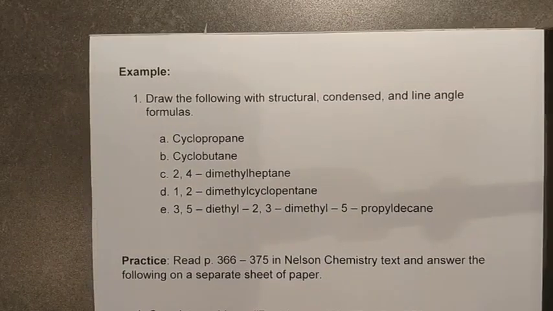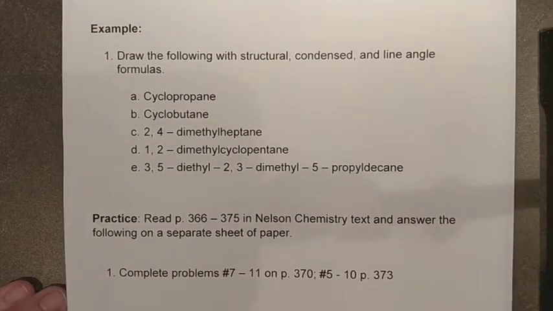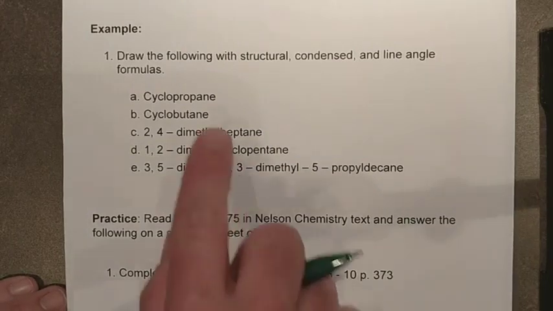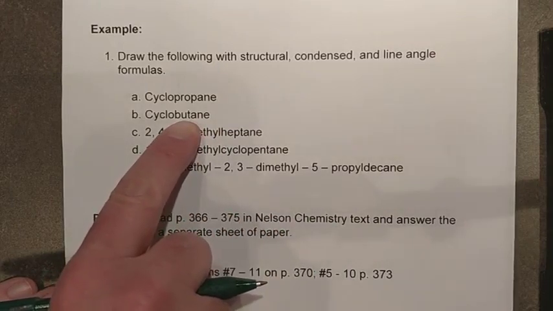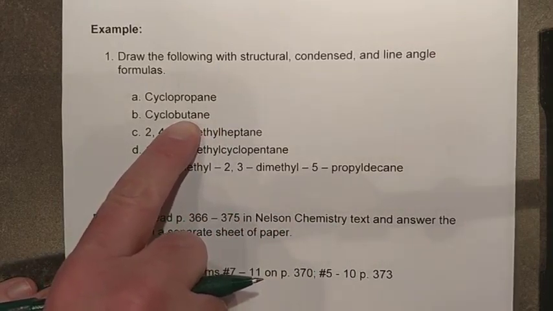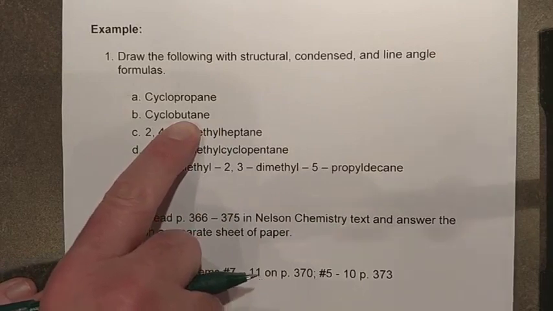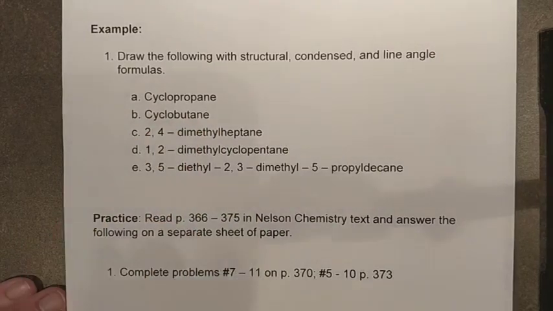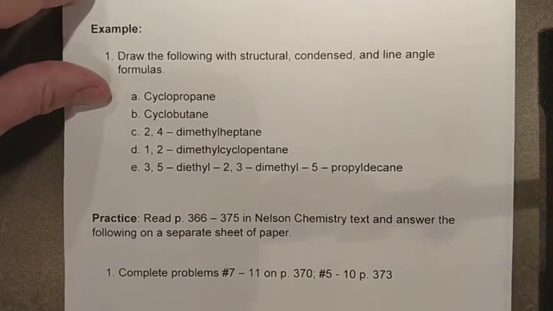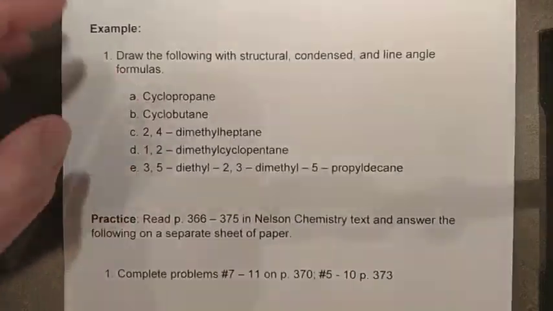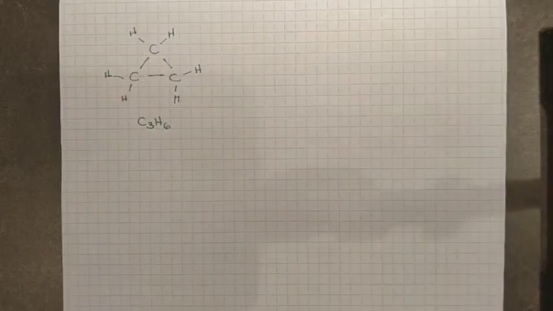I have another one I'd like you guys to try, and that is cyclobutane. I have a closed loop of single bonded carbons. How many carbons in this closed loop? All right, props to you guys that didn't have to look at that little naming sheet, but but means 4, so I need a closed loop of 4. What shape should I draw for my line angle formula if I want a closed loop of 4?